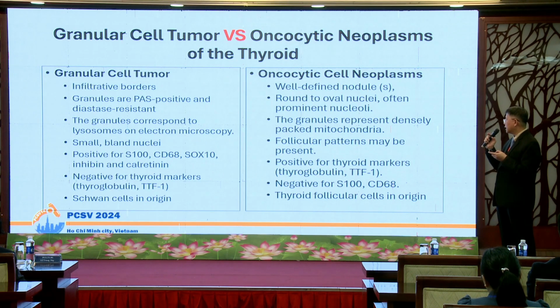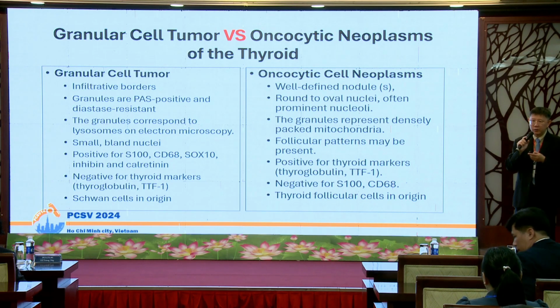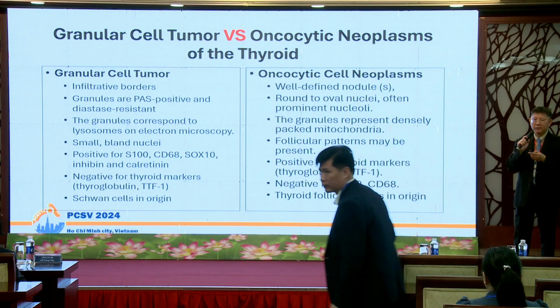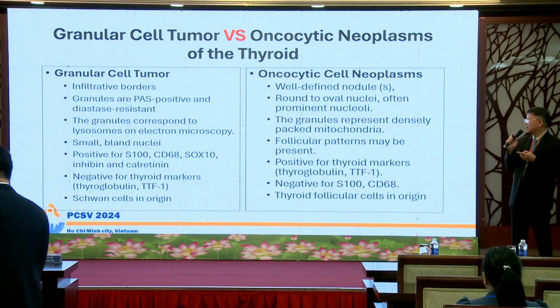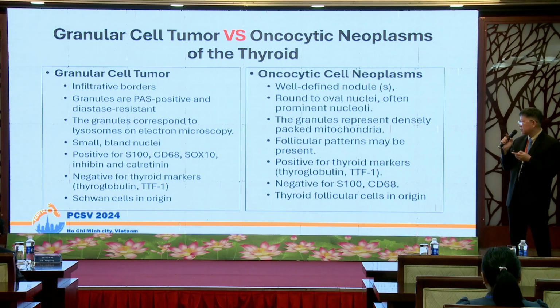And also the arrangement. For oncocytic cell neoplasm, you will see a follicular cell arrangement. But for granular cell tumor, you will not see the follicular cell pattern. When you suspect this tumor, you can do immunohistochemistry with S100 and SOX10.